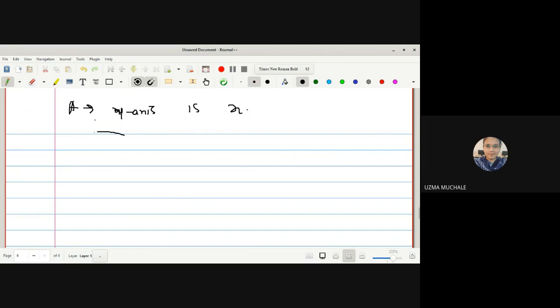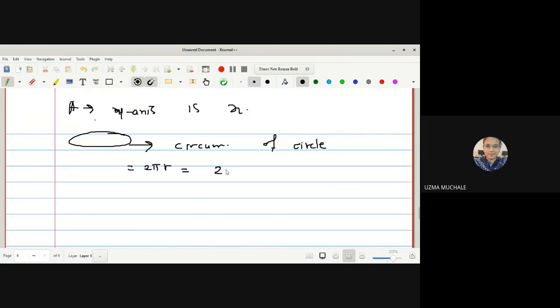So that's why if we are getting a circle, we know what the circumference of the circle is: 2 pi r. Correct.